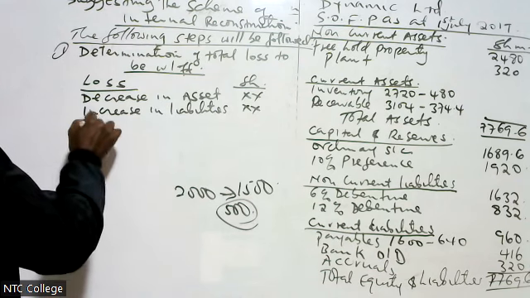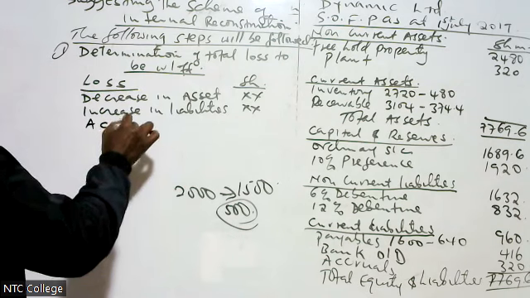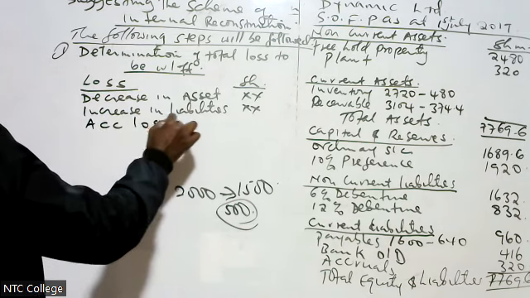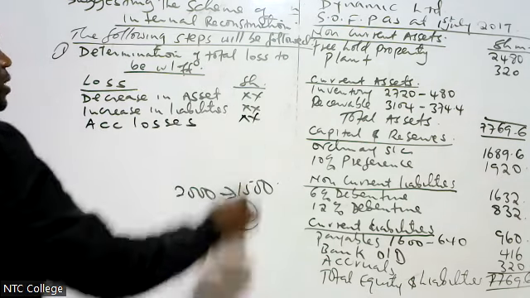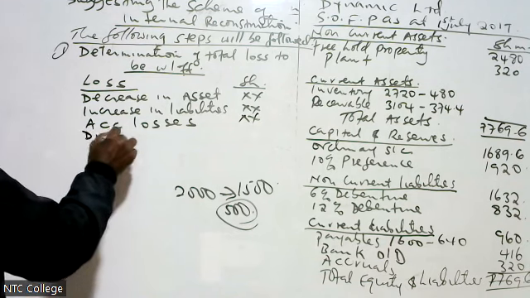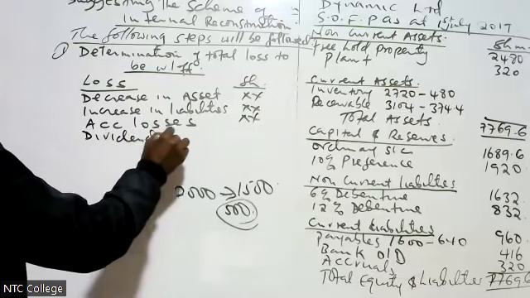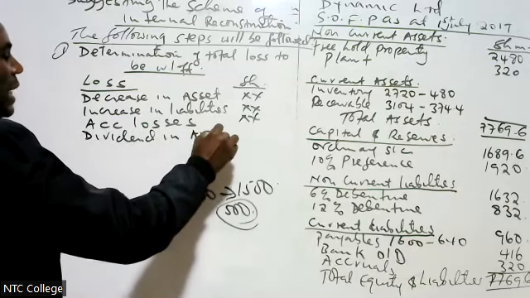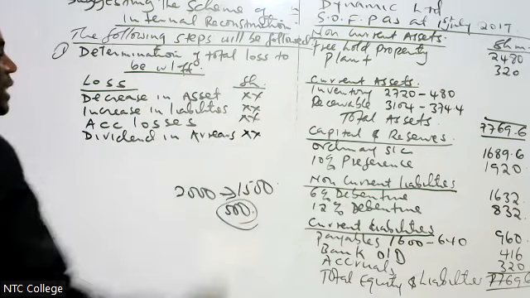Then, when you have accumulated losses, that is part of the losses in the company. When you have dividend in arrears, like in our case, we had dividend in arrears of 614.